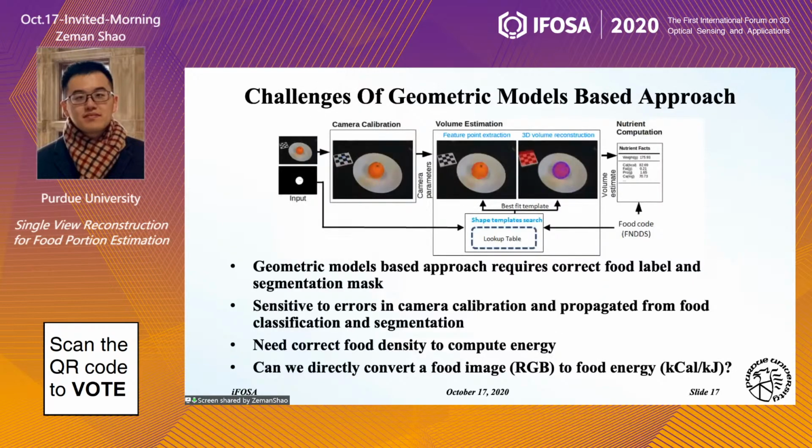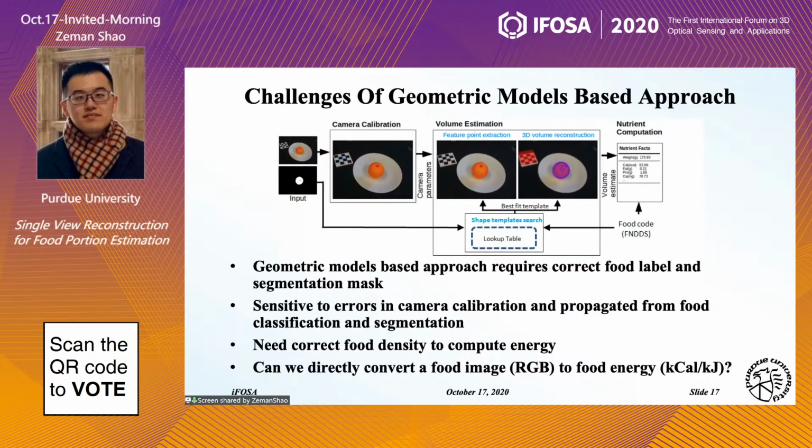However, there are still some challenges with geometric model-based methods because they require correct food labels and segmentation masks. They are sensitive to errors in camera calibration and to errors propagated from food classification and segmentation.